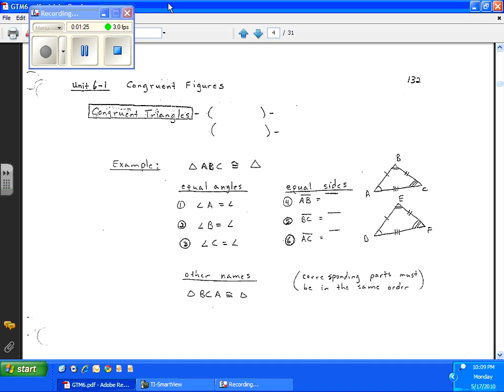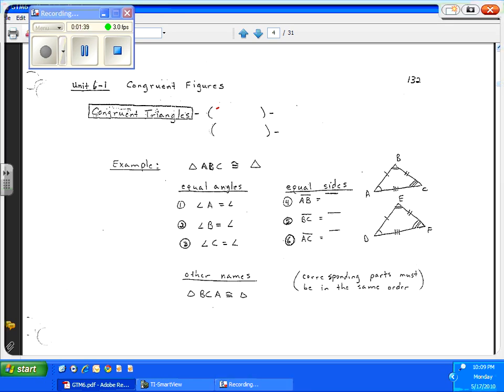Unit 6.1, congruent figures. Congruent, we've already talked about, is same size, same shape. So congruent triangles are triangles that are the same size and same shape.